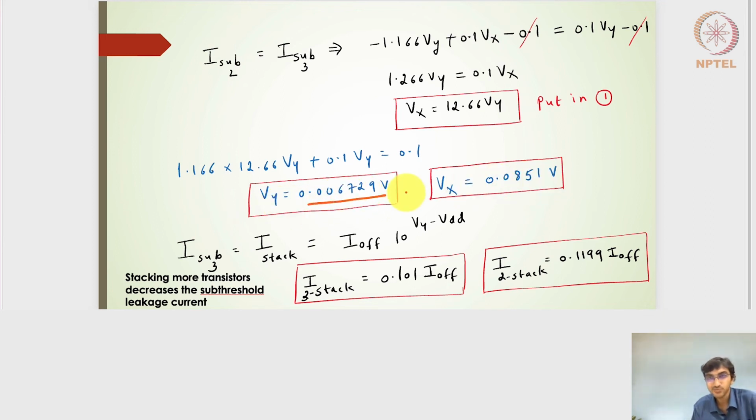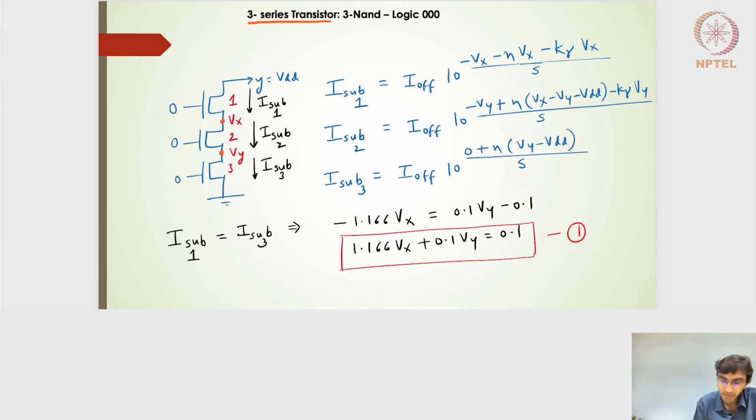Looking at these particular values, Vy is 0.0006729 and Vx is 0.0851. So Vx is higher than Vy. And just to confirm our calculations, Vx being higher than Vy makes sense, because only if I have a node voltage higher than the other one will I have current flowing from the drain to the source.